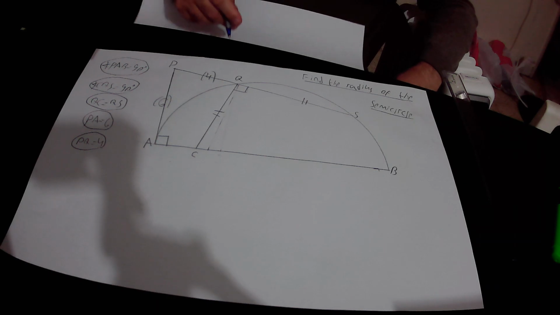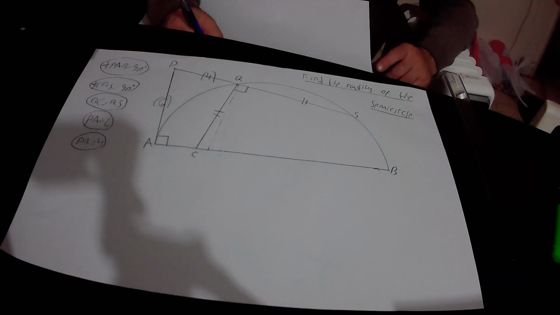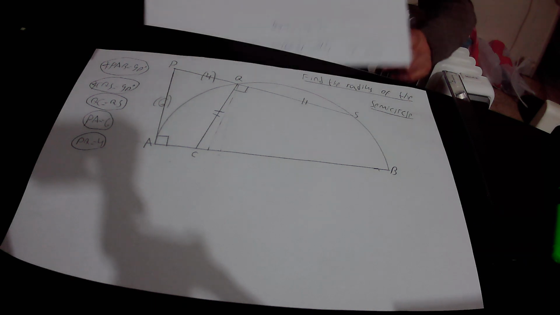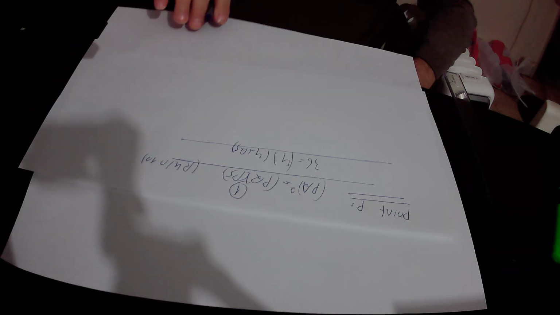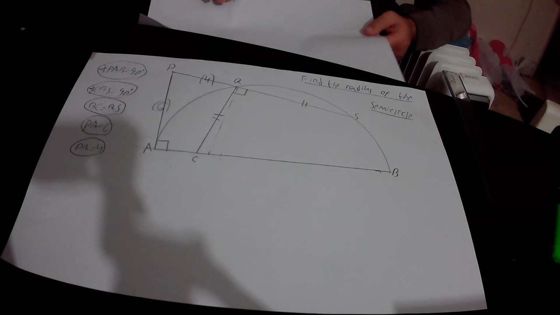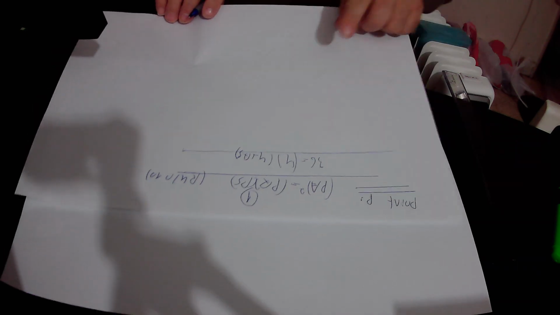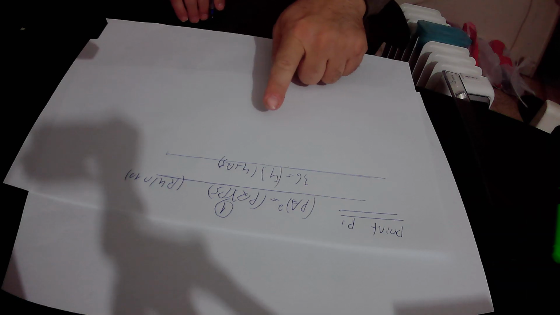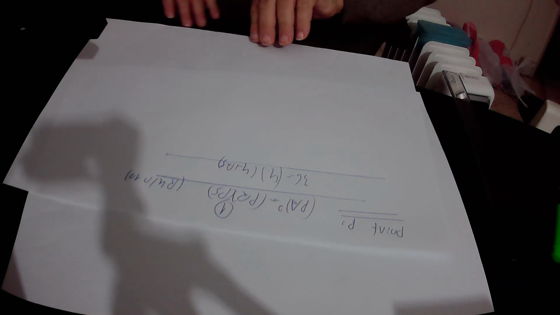Now, according to rule number 10, we found out that 36 equals 4 times (4 plus QS).